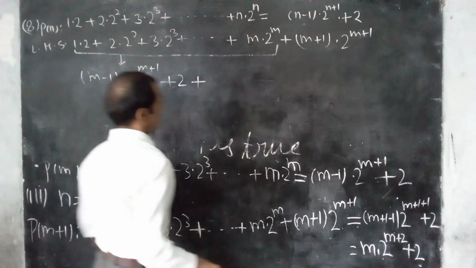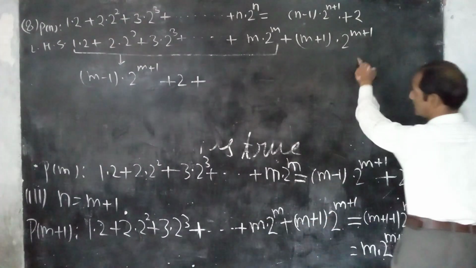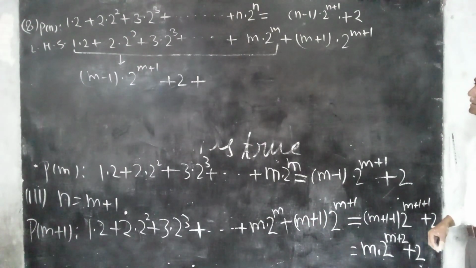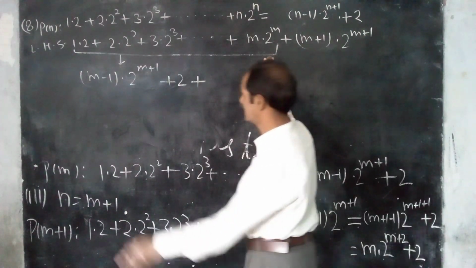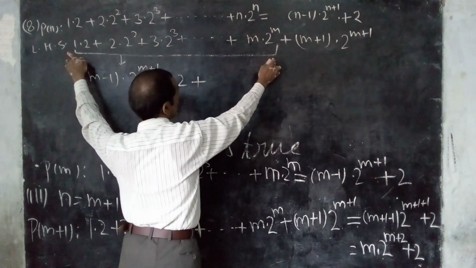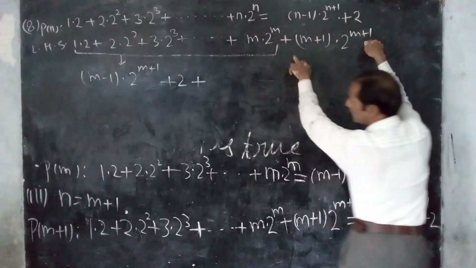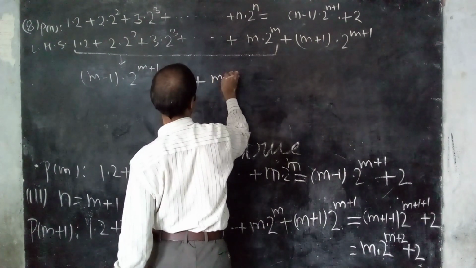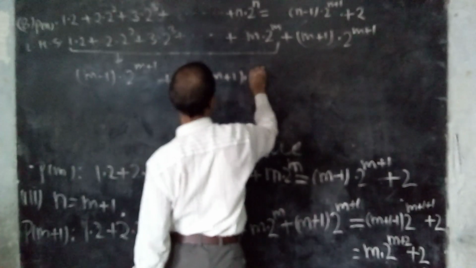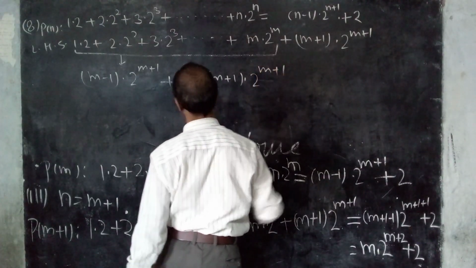This is your one extra term. We can substitute the value of the sum of the series up to m terms. This is your m plus 1 term, so you get (m plus 1) into 2 raised to power m plus 1.